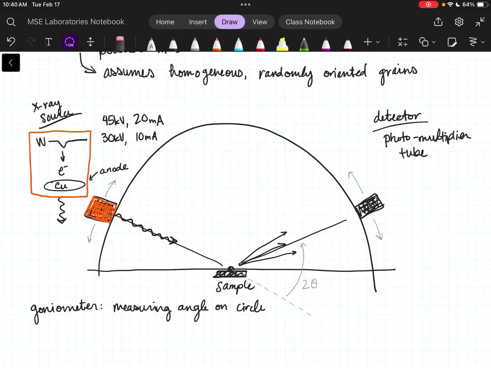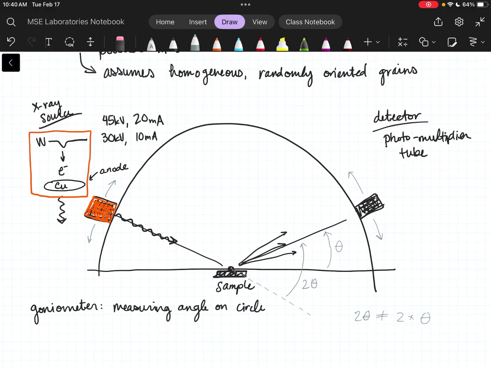The trick here is that 2 theta is not always equal to 2 times this or 2 times this, even though we call the angle from kind of the horizontal to the detector, we call that theta. And sometimes 2 theta is not always equal to 2 times theta.